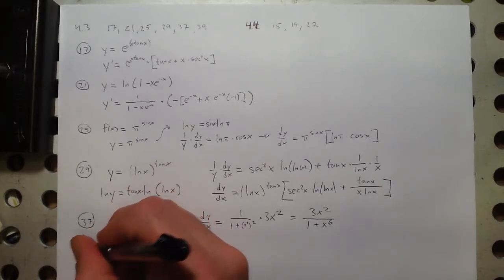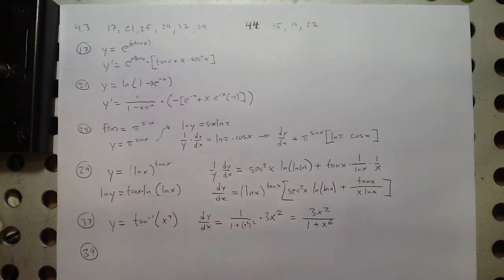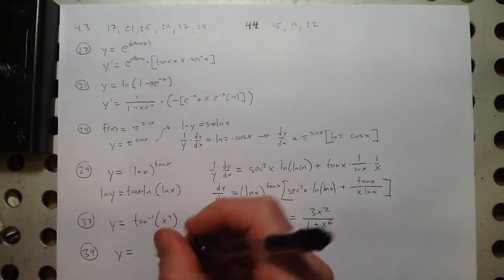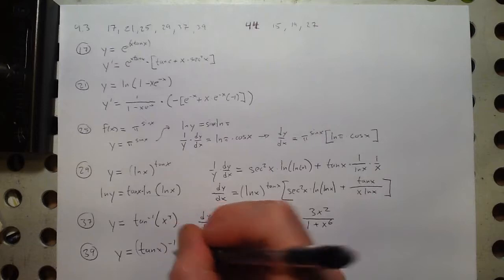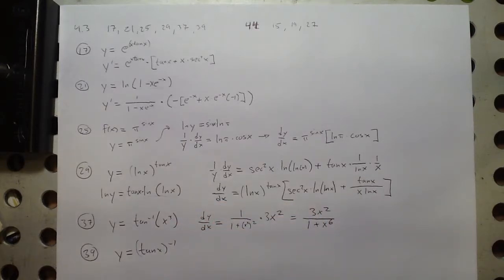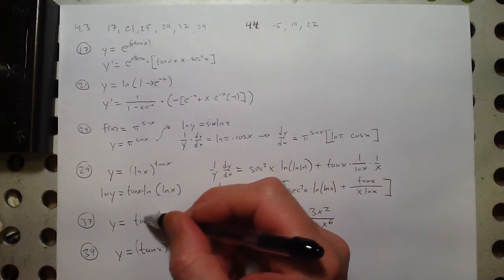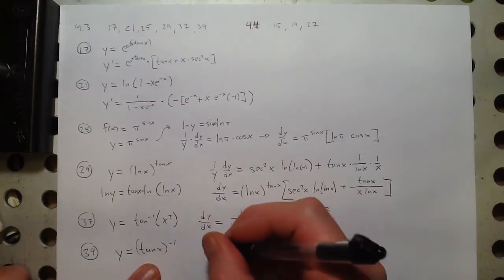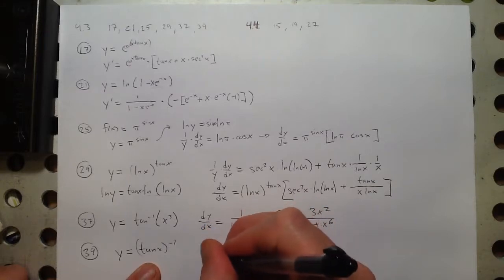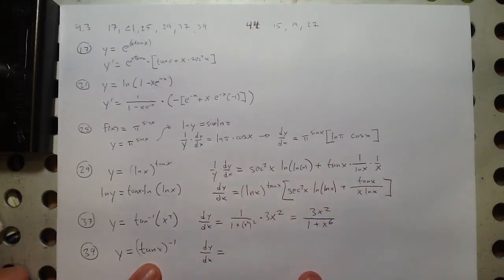Number 39. Y equals the tangent of x to the negative 1. And the reason why this problem is here is to make sure we understand the difference between this notation and this. So here, this is not an inverse trig problem. That's why this problem's here, to make sure we understand that.